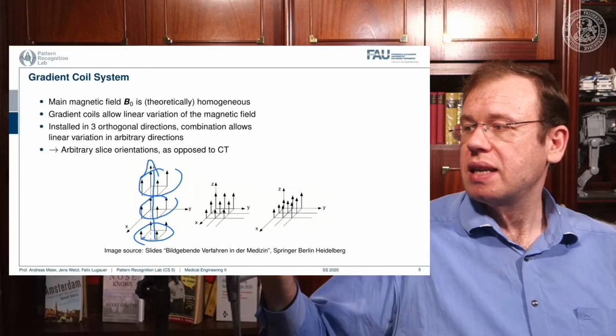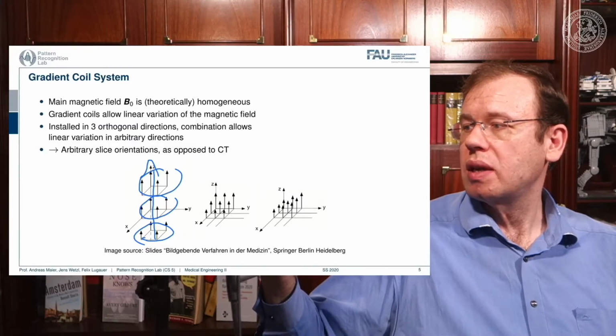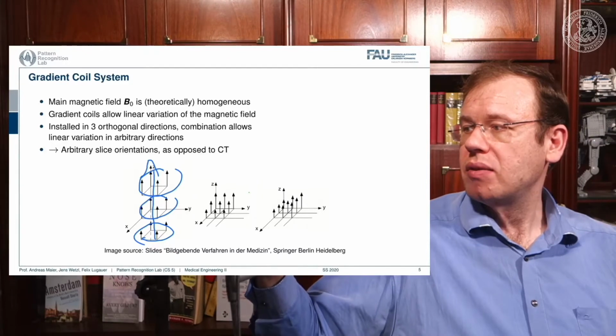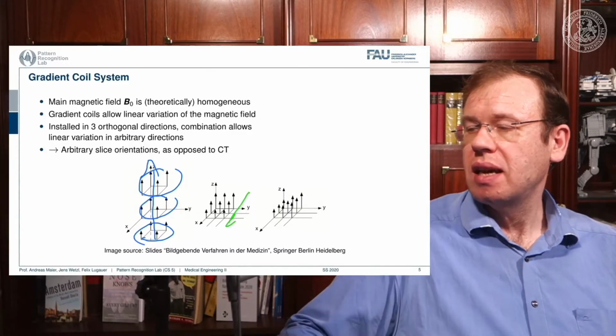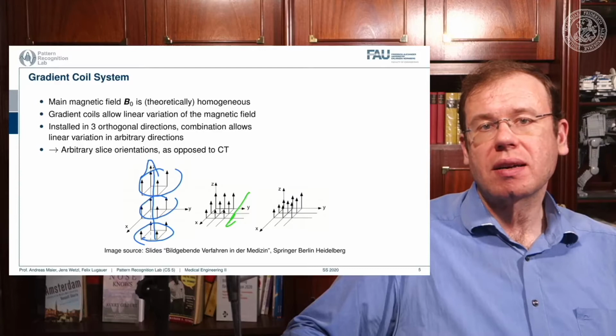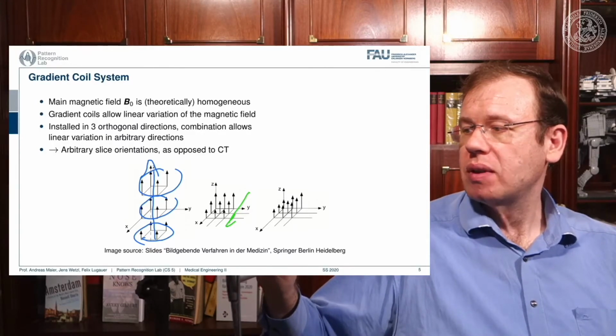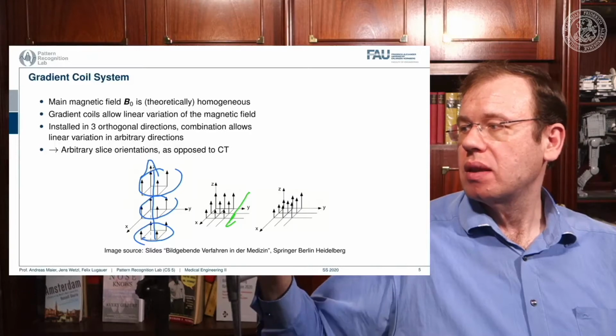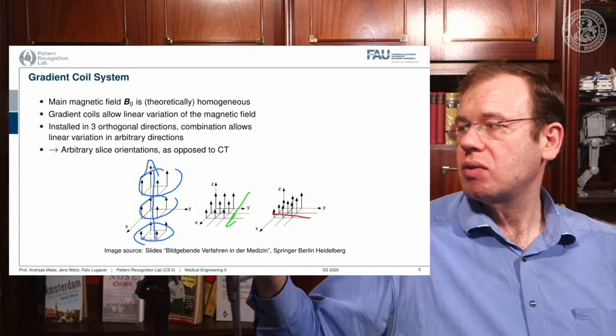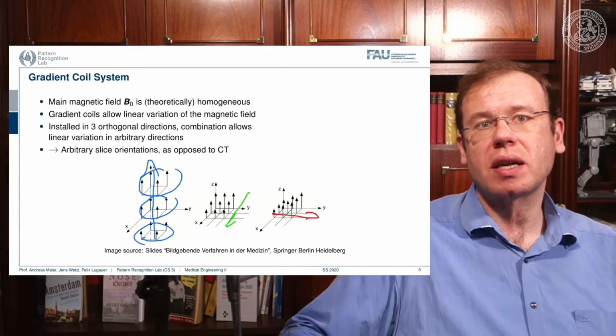Then there is the so-called X gradient field, which changes a stronger and weaker magnetic field in X direction. And we have the Y coil, which changes the strength of the magnitude in Y direction.